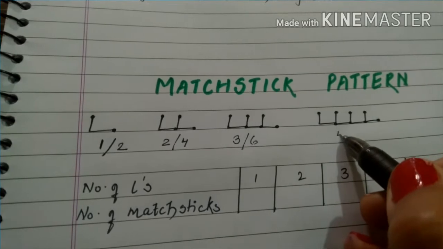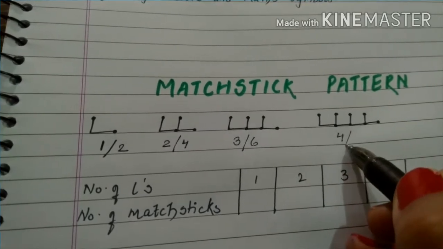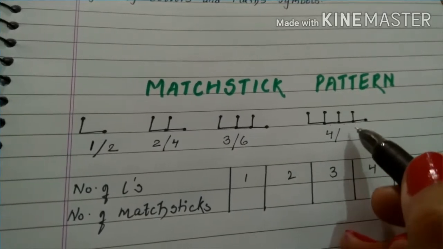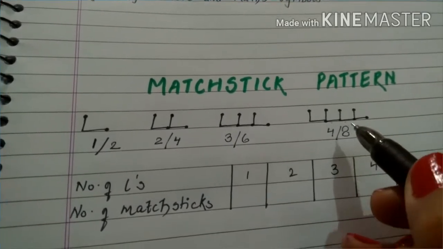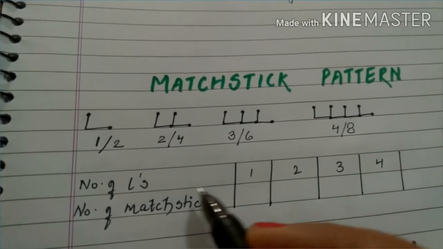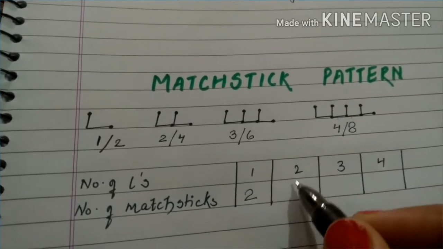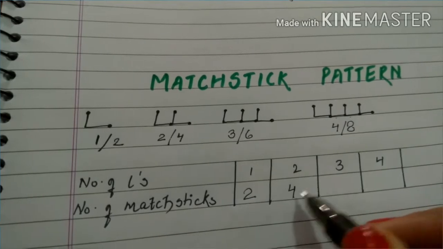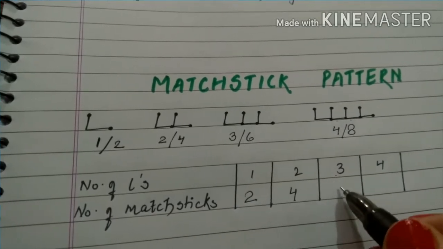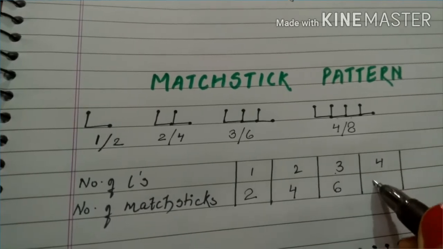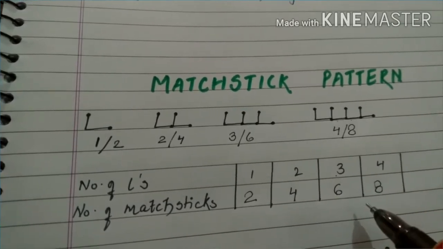Similarly for 4 L's, we have used 8 matchsticks. So we can write: number of L's 1, matchsticks 2; for 2, matchsticks 4; for 3, we need 6; and for 4 L's we used 8 matchsticks.